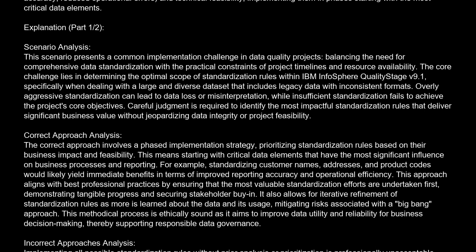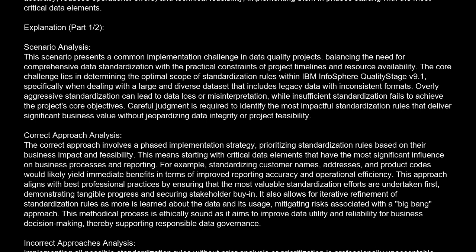Overly aggressive standardization can lead to data loss or misinterpretation, while insufficient standardization fails to achieve the project's core objectives. Careful judgment is required to identify the most impactful standardization rules that deliver significant business value without jeopardizing data integrity or project feasibility.